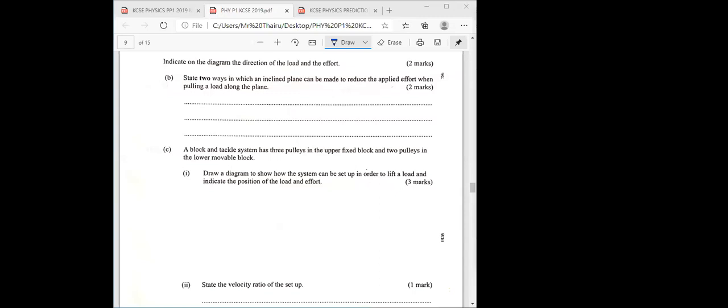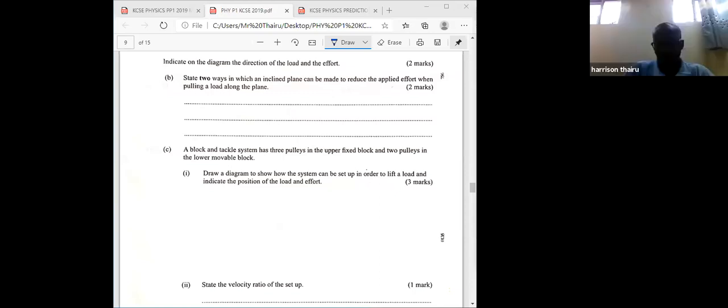How do you make it more gradual? By increasing the angle of inclination. By reducing the angle of inclination. By decreasing, that is it. By reducing the angle of inclination.